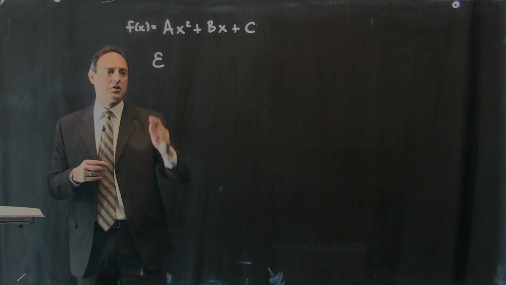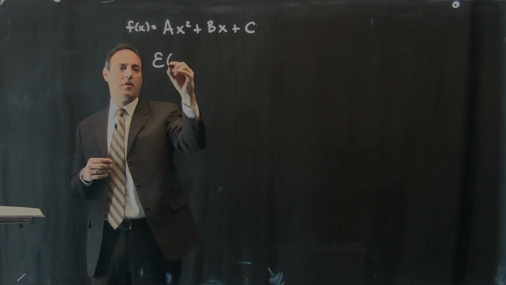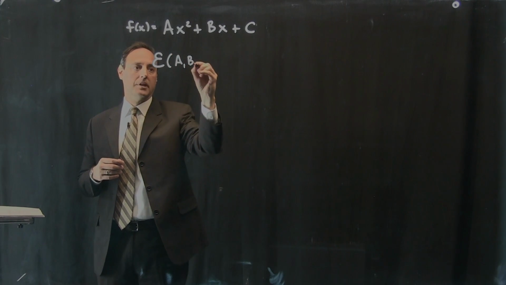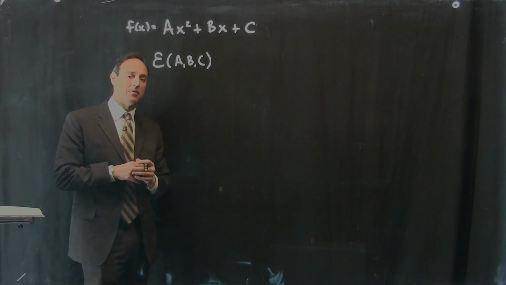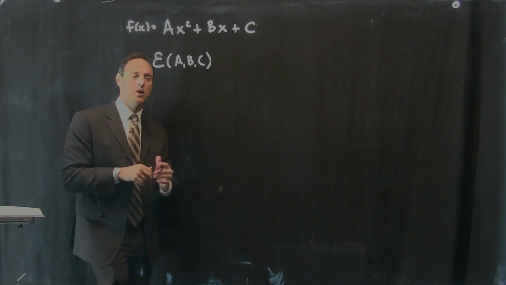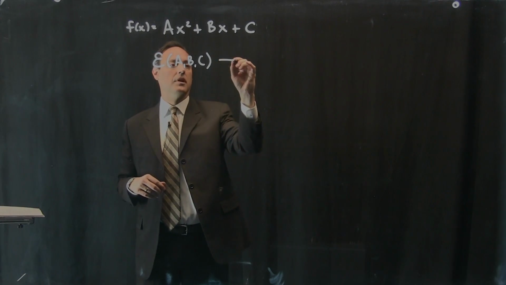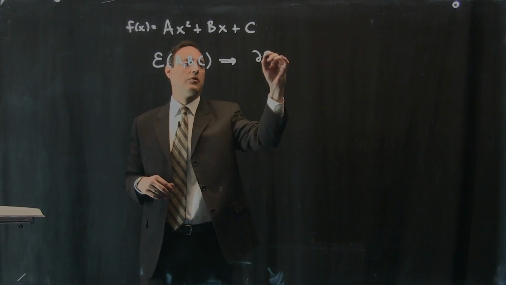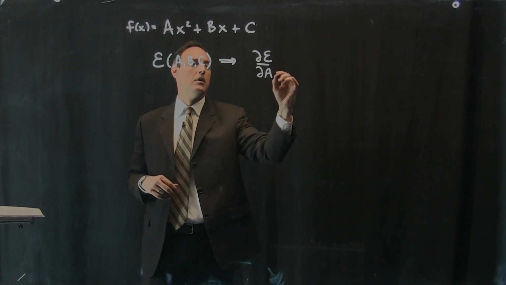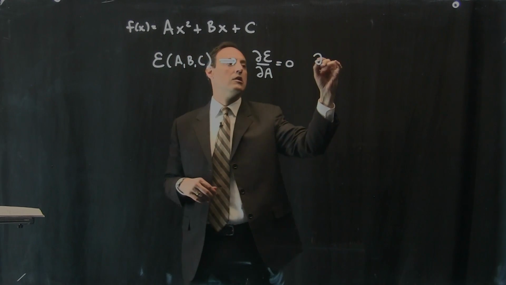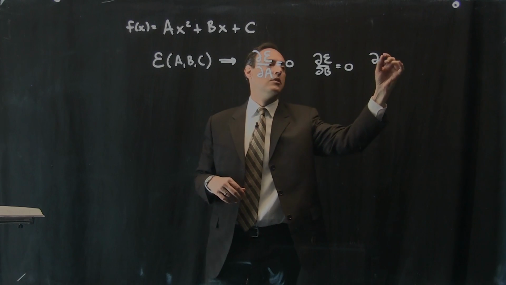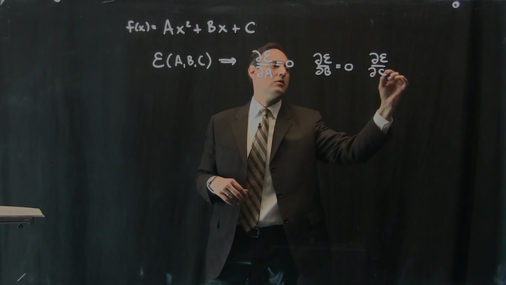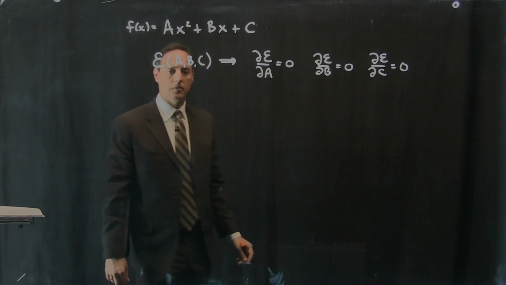So now instead of just looking at this e, it is now a function of a, b, and c, since this function has all 3 parameters in it. In order to find a, b, and c, you do exactly what you did before. But now there's one additional parameter, which is this c.